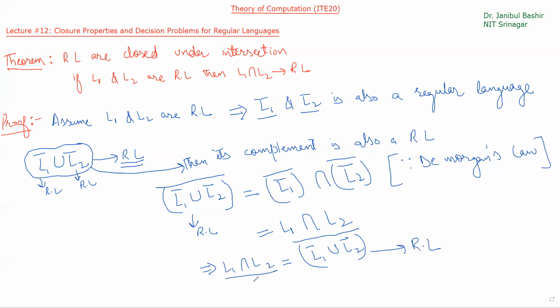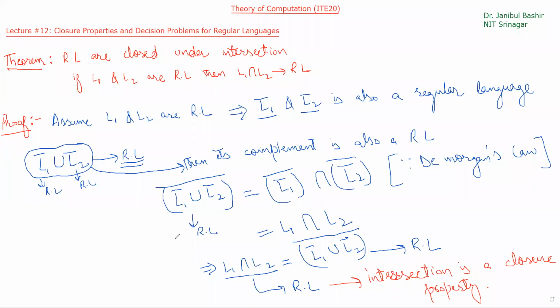That means this is also a regular language. So we can say that if L1 and L2 are regular languages, then their intersection is also a regular language. So we can say that intersection is a closure property. Okay, so we have proved this particular thing as well.